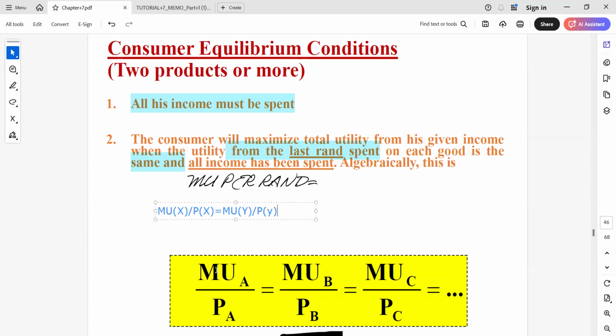Here they used 1, 2, 3. And then this must also be equal to the price. So let's say your good X was 2 rand, so 2X, plus, let's say good Y was 1 rand, so R.